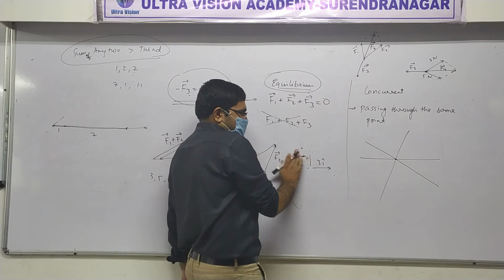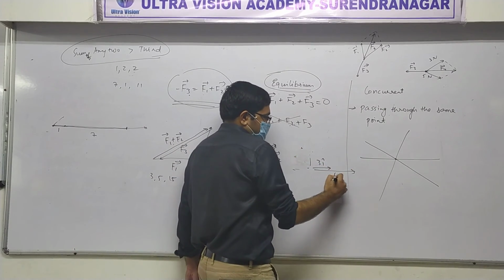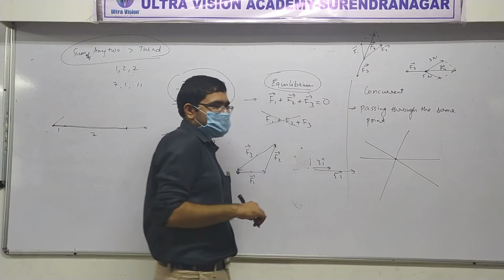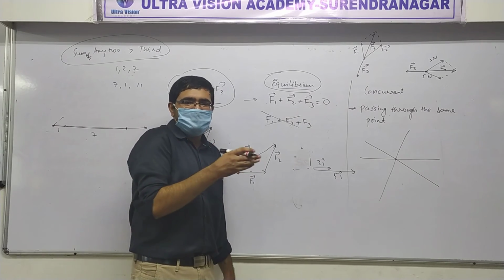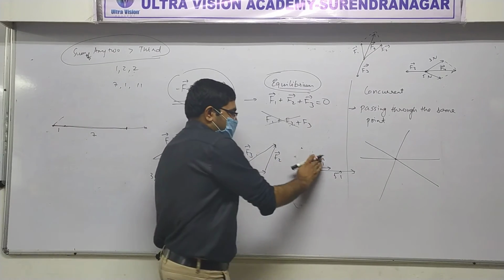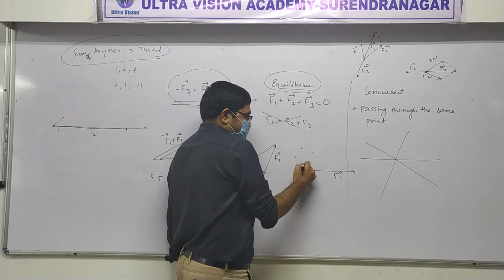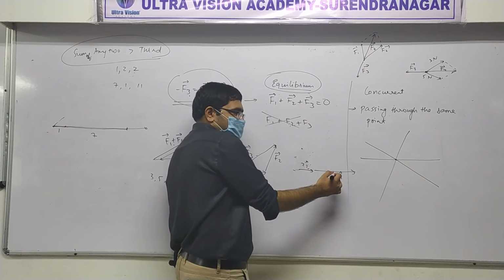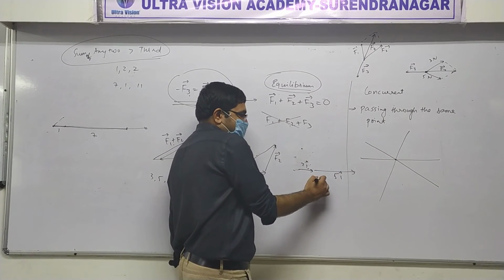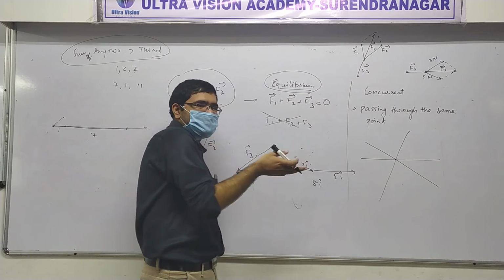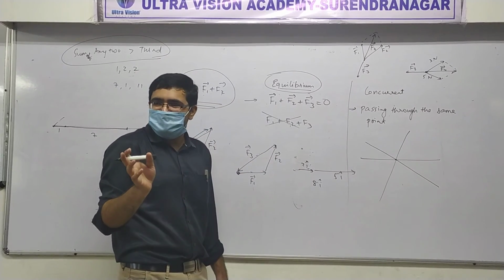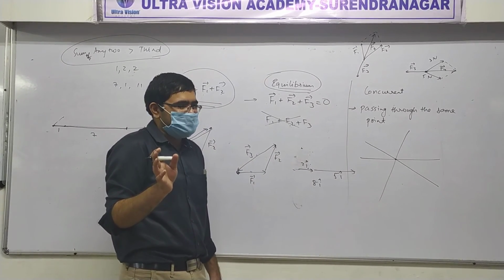Pretty simple. What if they are in the same direction and you add them? 3i, 5i. What's the total? 8i. So 8 is the maximum. I hope you realize that. Okay?